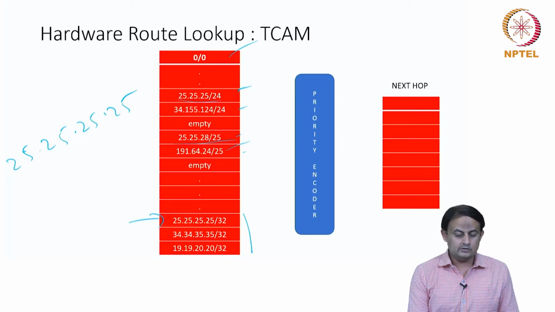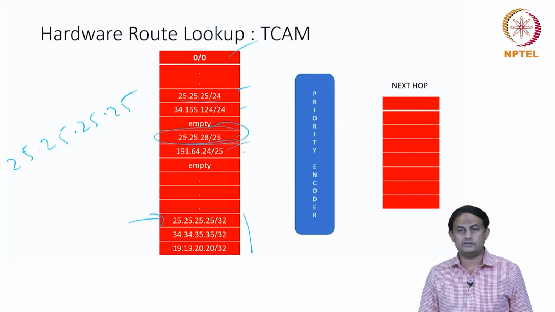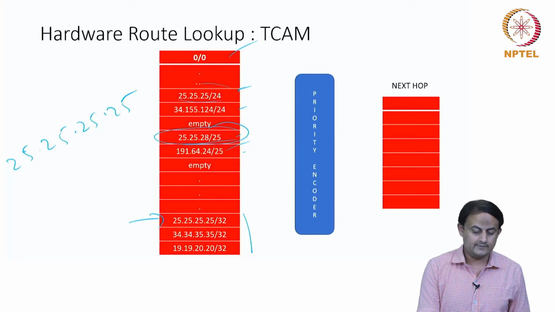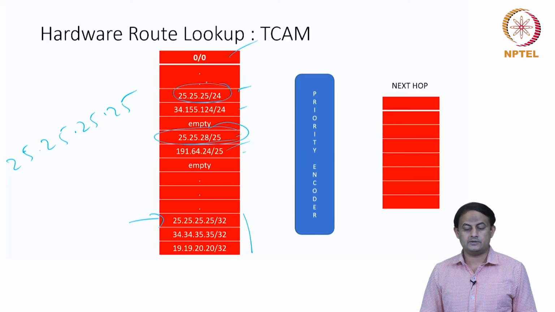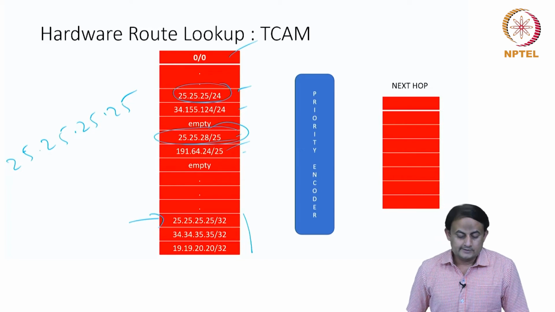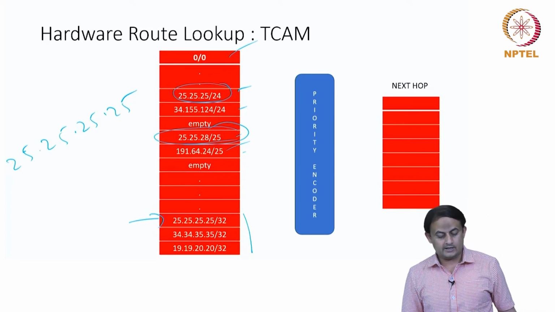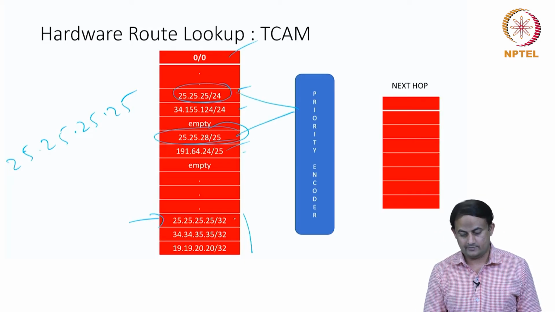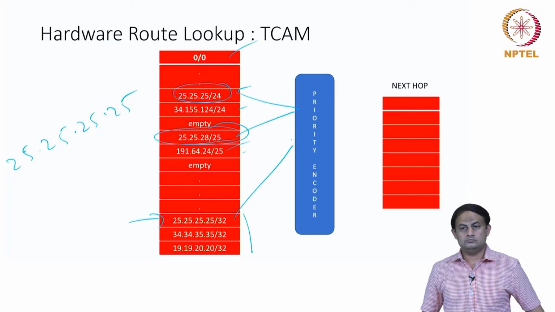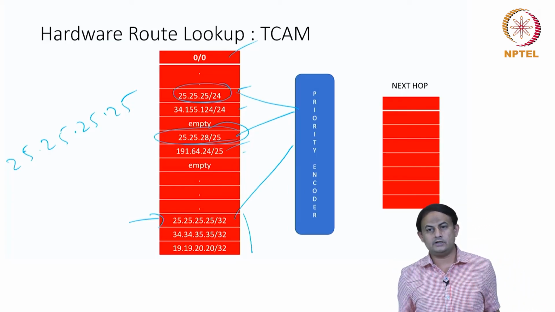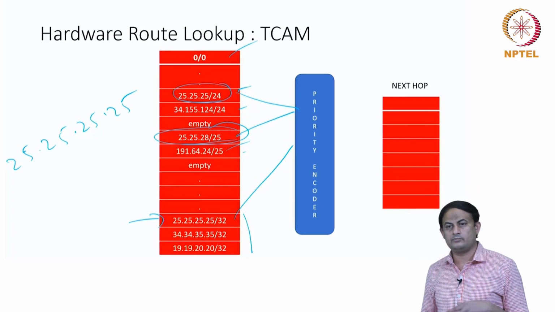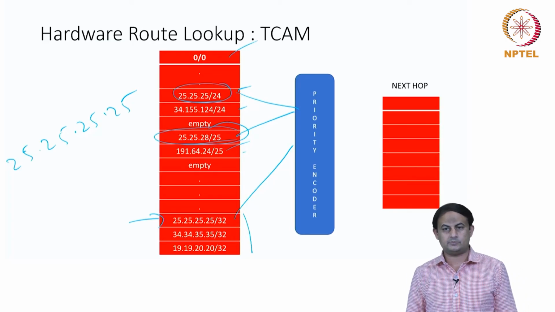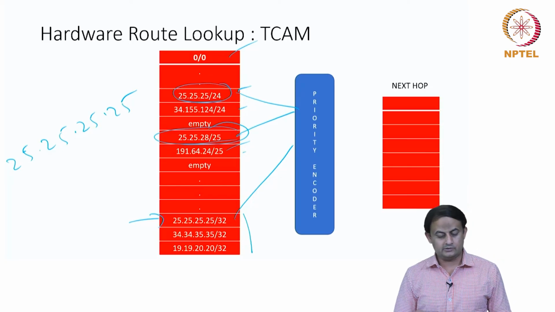And interestingly, you might also find a match here, the /25 entry, and you might find a match here, the /24 entry. So the TCAM will come back and say, I found a match here, here, and here. Now the question is, which entry do I need to take? There are three prefixes matching this particular IP address. So whether to go with the third one, second one, or the first one.